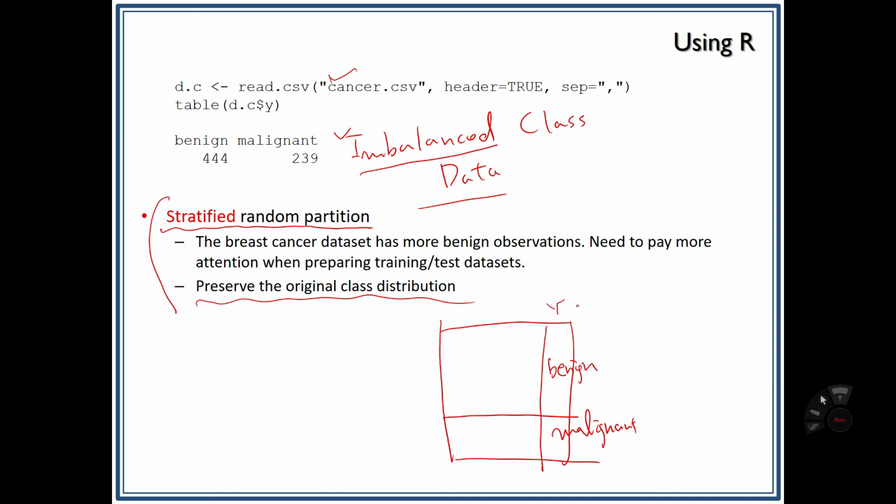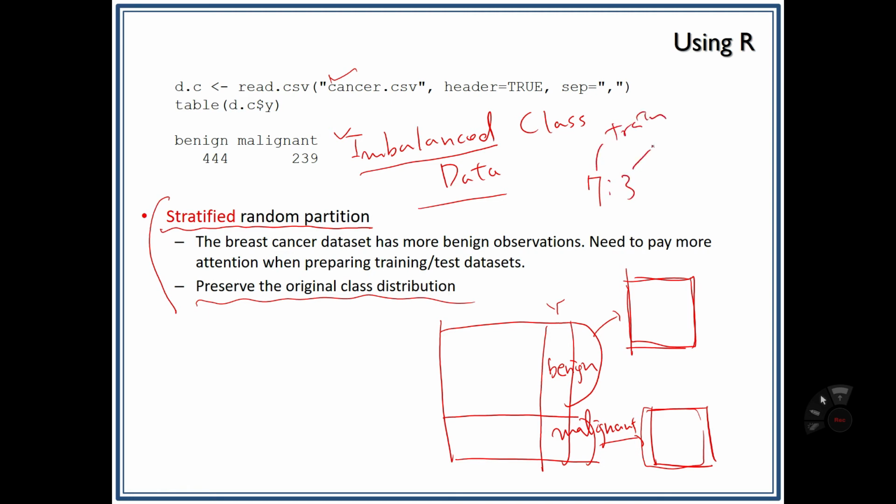What we're going to do is split the data into two parts: a benign data set, which contains only benign observations, and a malignant data set, which contains only malignant observations. We randomly divide this benign data set into two parts, training and test. Let us assume that we want to divide by this ratio, 7 to 3, 7 for training and 3 for test.